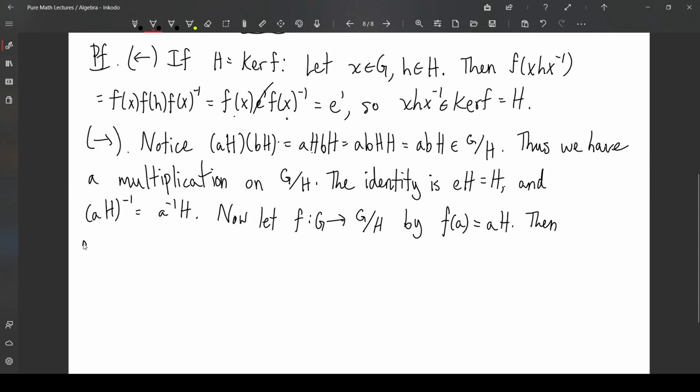Then f of ab is equal to abH, which we've already computed is the same thing as aH bH, which is f of a, f of b. So f is a homomorphism.